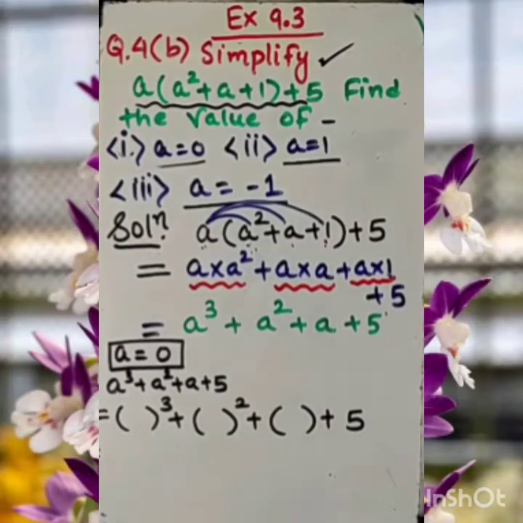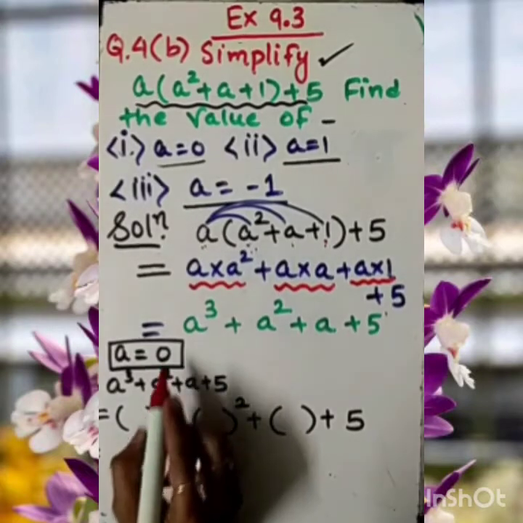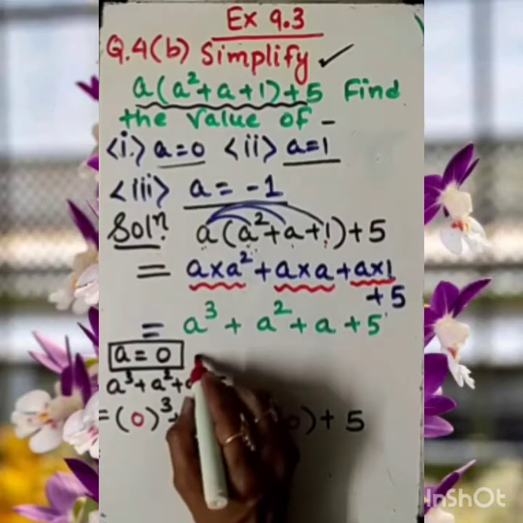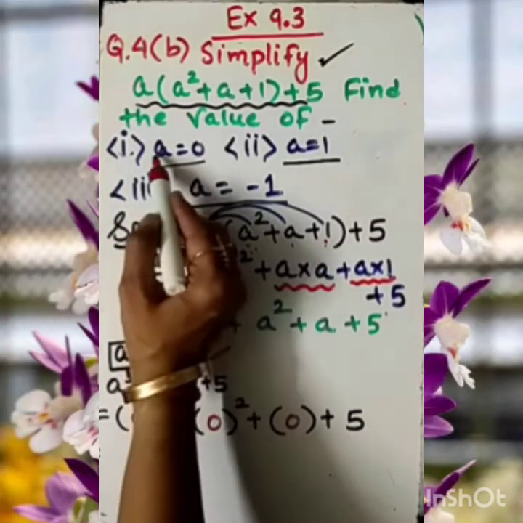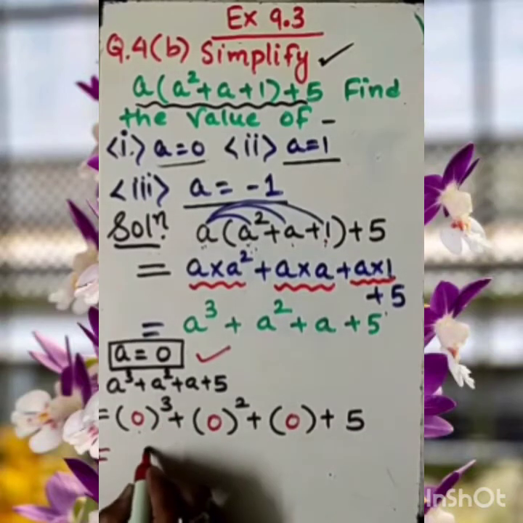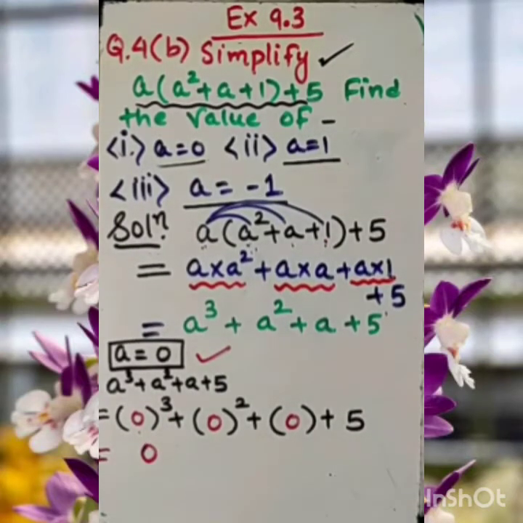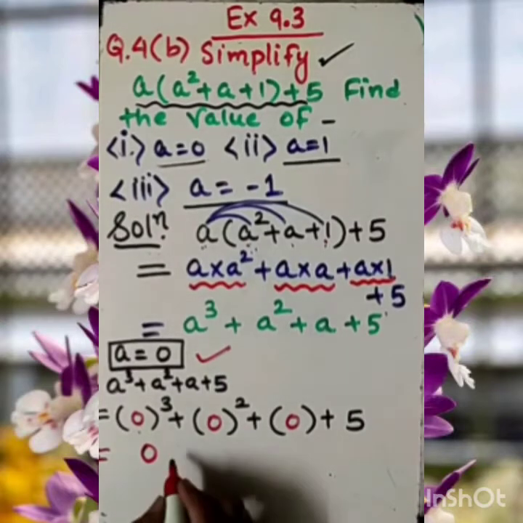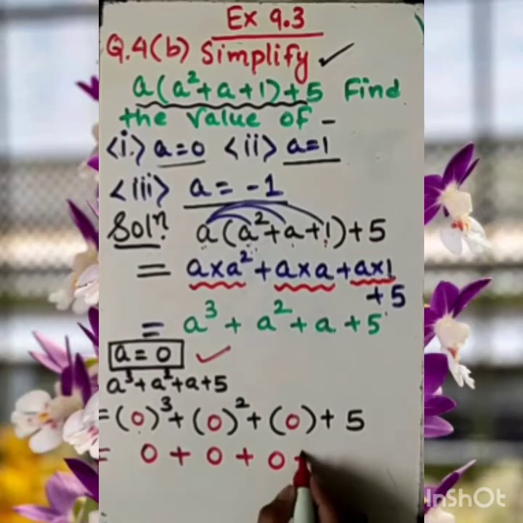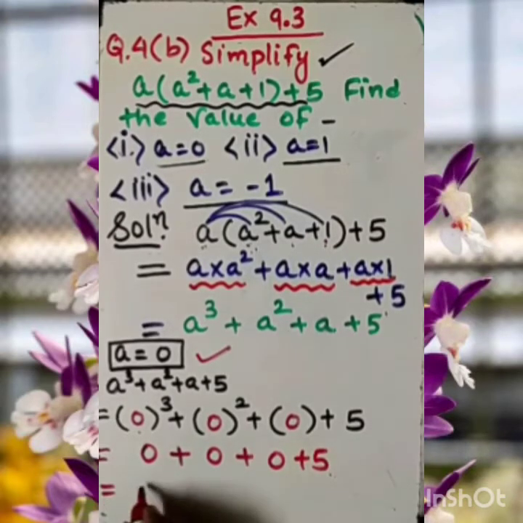The value of a given is 0, so 0, 0, 0. Let's simplify. 0 cube is 0 into 0 into 0, which is 0. 0 square is also 0. 0 plus 5. So the total answer is 5. So the first solution is 5.